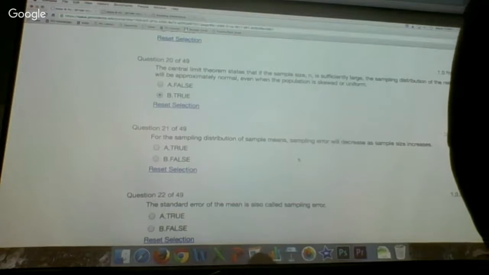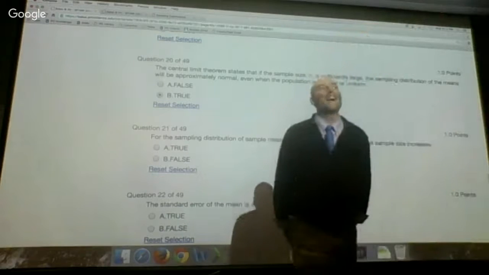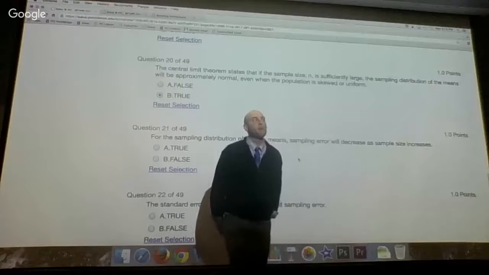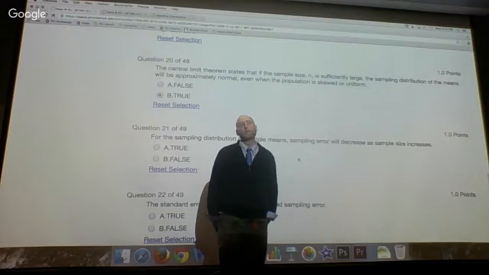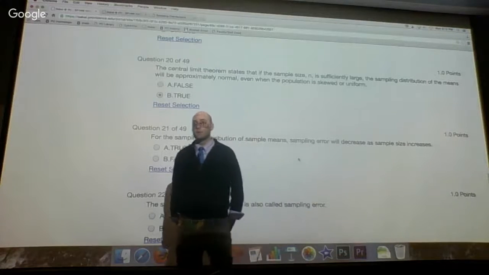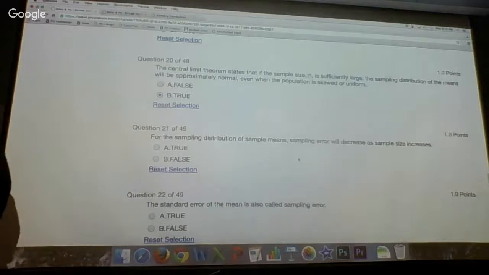No. So while it's not a direct outcome of the mathematical expression for sampling error, increasing your sample size means you get more accurate because you're decreasing the variability in the sampling distribution of the sample means. Yeah, sampling error will decrease. You're more likely to get an accurate response. Let's call it true.